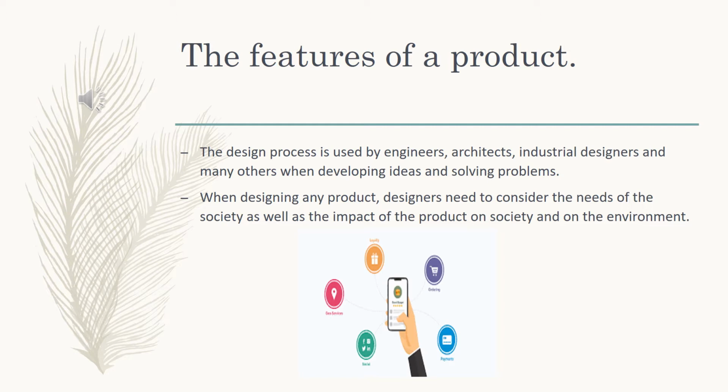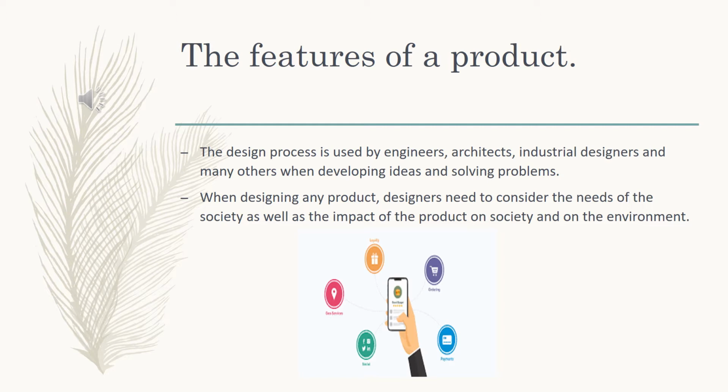The design process is used by engineers, architects, industrial designers, and many others when developing ideas and solving a problem. So that's what we call a design process. When designing any product, designers need to consider the needs of society, as well as the impact of the product on society and the environment.